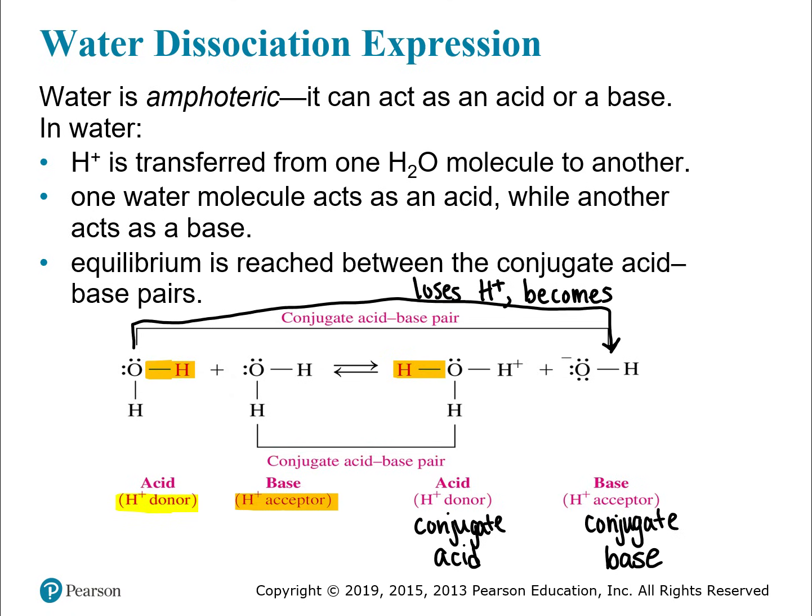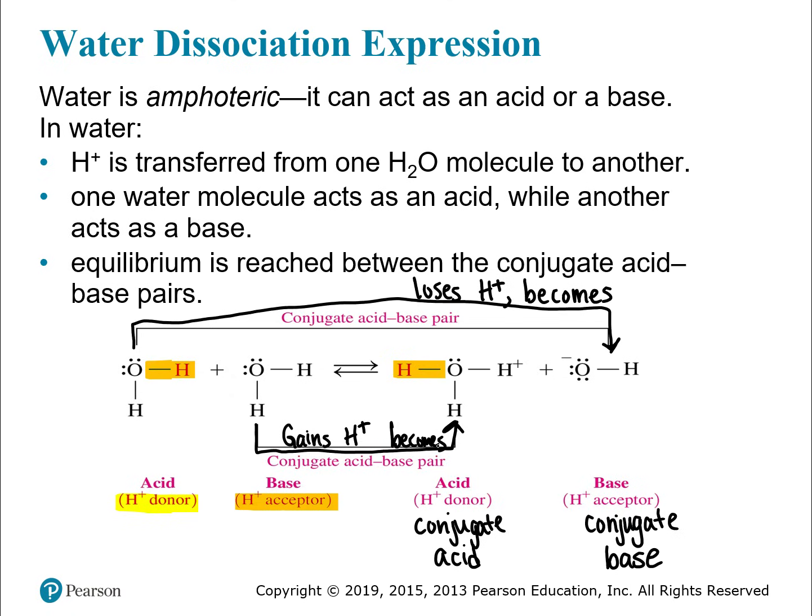What was the base gains a hydrogen and becomes the conjugate acid. So there are what's called conjugate acid-base pairs.